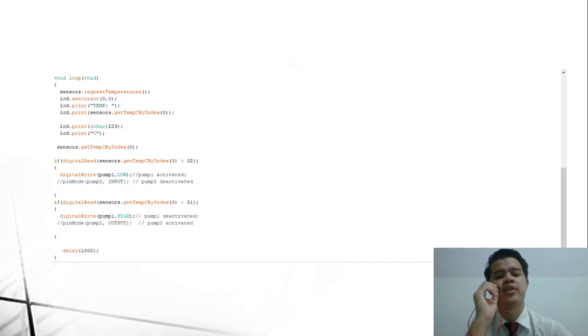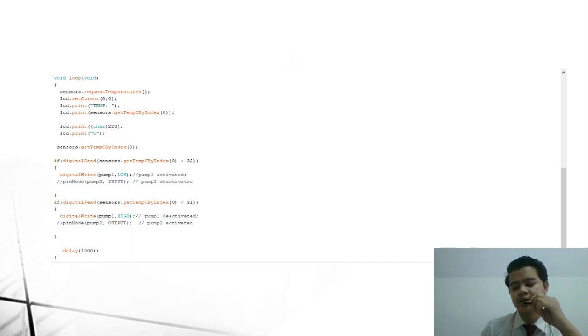Actually, for the pump, if the temperature increases to 32 degrees Celsius, the pump will be high. Digital write, pump 1 will be high. And if the digital reading on the temperature sensor is below 31 degrees Celsius, the digital write in pump 1 will be low. So the process will be cycled until the purity of the water is achieved.